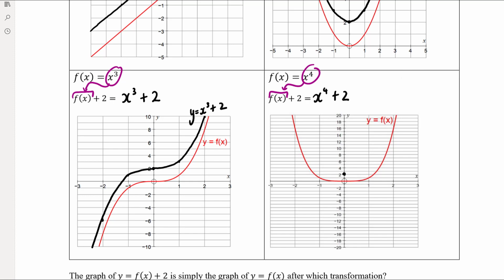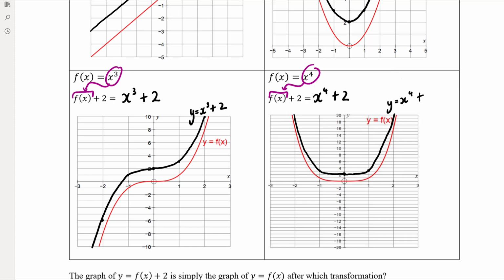And in fact, again, it's the graph translated up by 2. So again, we can sort of move each point up by 2. Okay, and that's our graph of y equals x to the power of 4 plus 2.